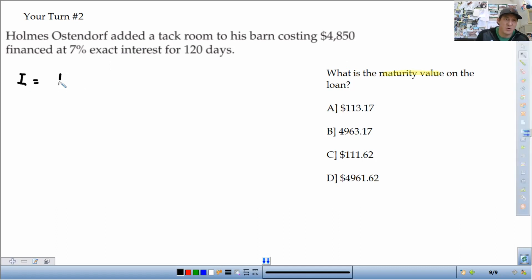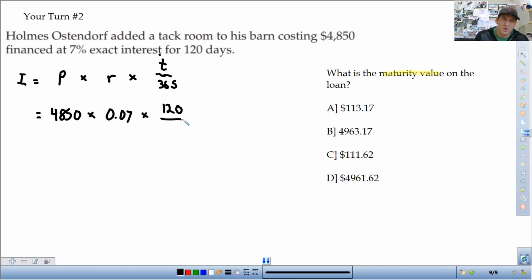So interest is the principal times the rate times the time over 365. Principal is 4,850 times the rate 7%, so 0.07, times the time, which is 120 over 365.